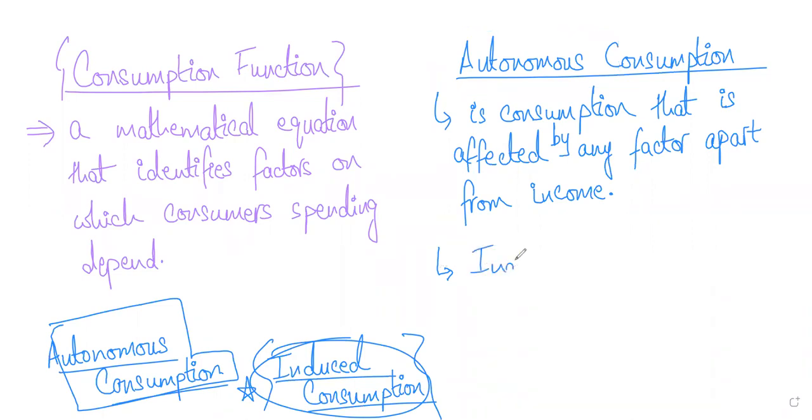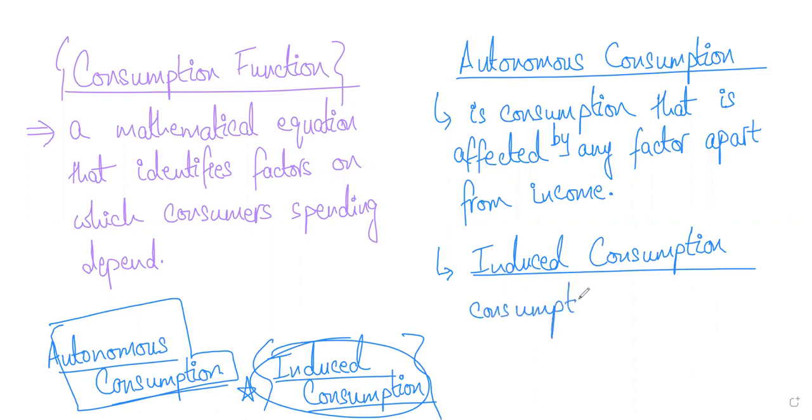So let me write down for you before the class link expires. Induced consumption is consumption that is affected by income of an individual. Consumption that is affected by income, right? So जो बाकी से आगे की कहानी है वो हम कल करेंगे. अभी तक कोई चीज ना समझ आए हो, I hope.